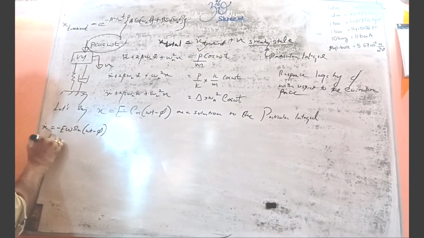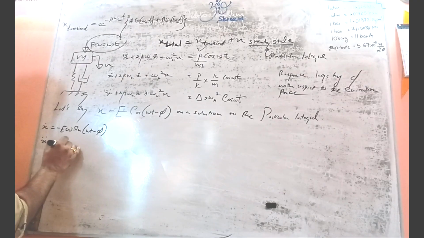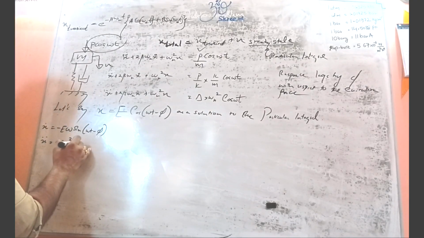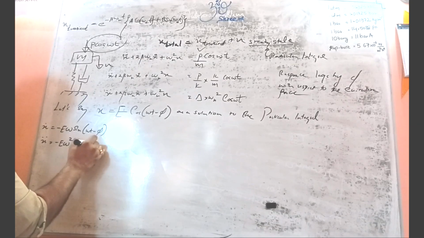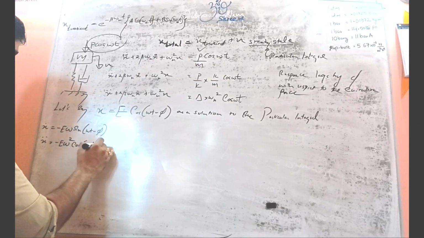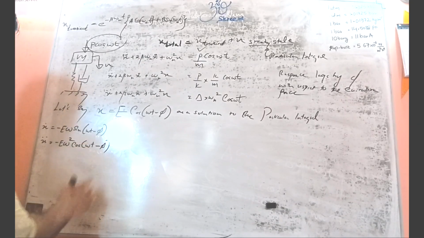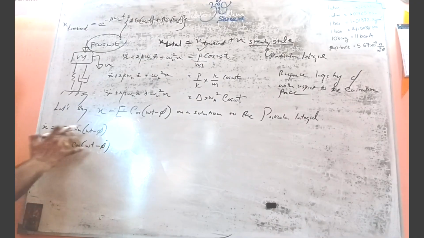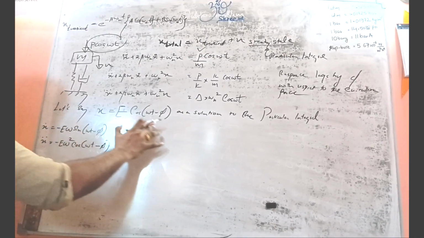X double dot will be minus E omega squared cos omega t minus phi, right? Differentiate it once, minus E omega sin omega t minus phi.